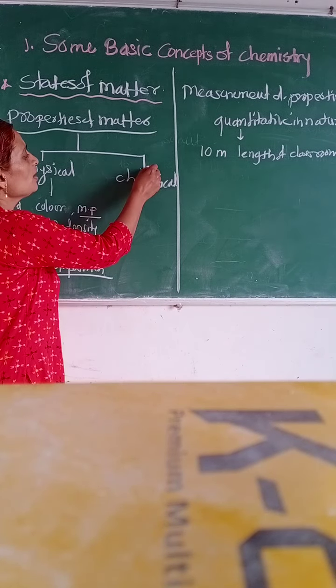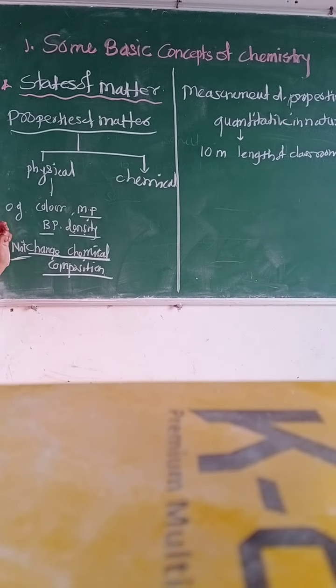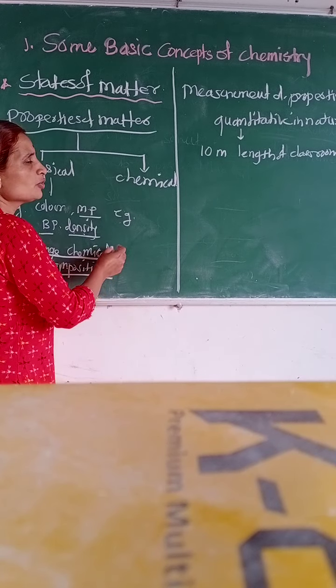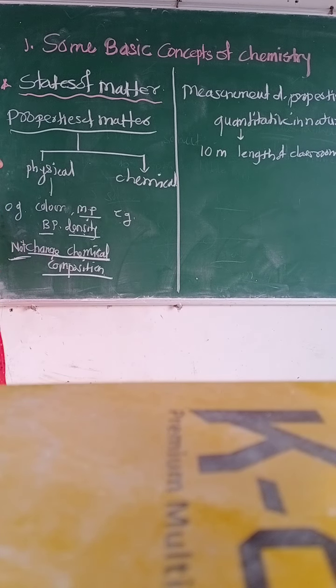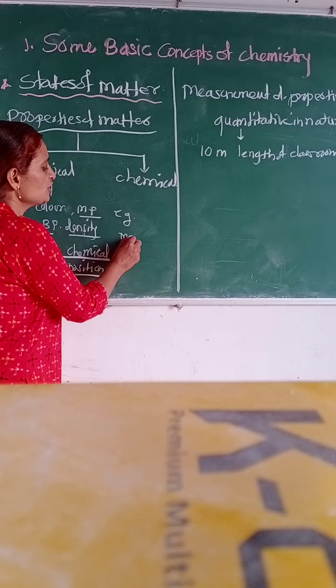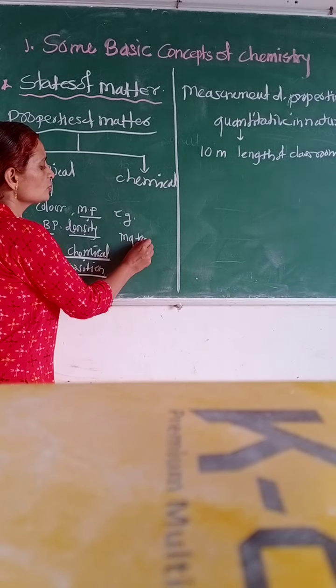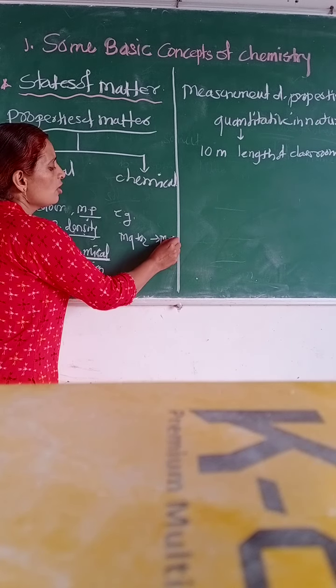Then the chemical properties. In chemical properties, the chemical composition changes. For example, when magnesium is combusted in the presence of oxygen, it forms magnesium oxide.